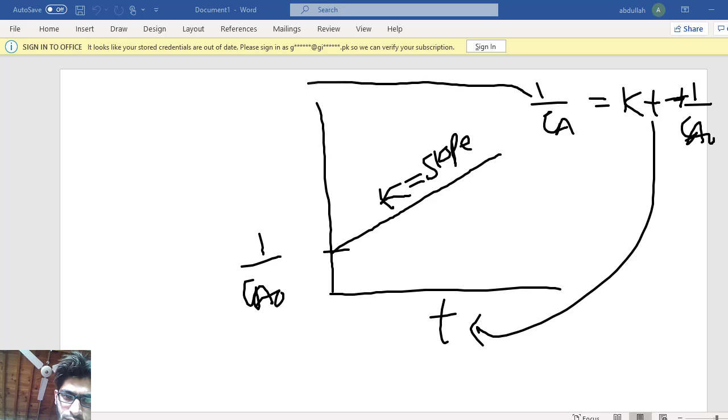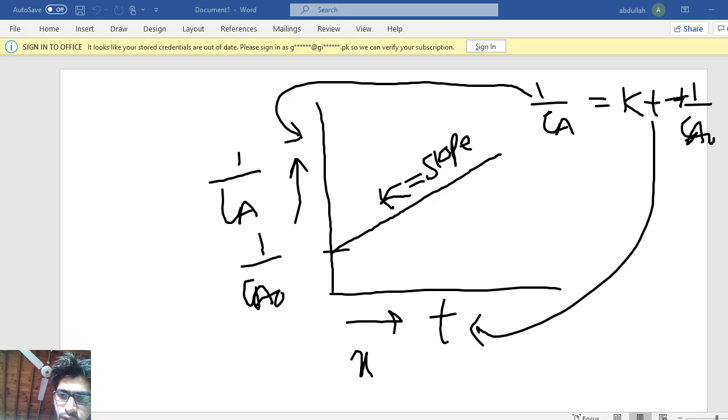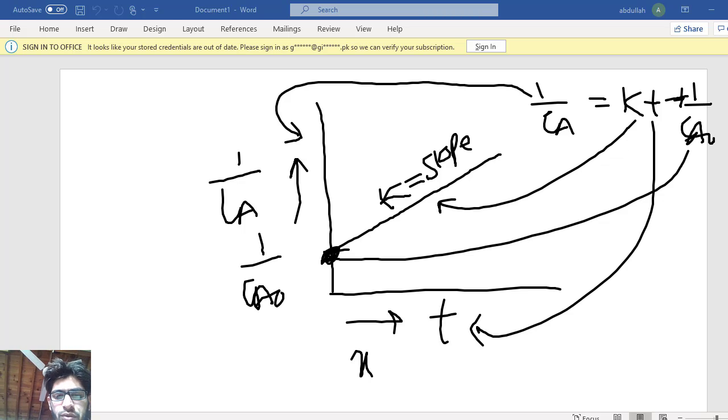We plot 1 over C_A on the y-axis, and 1 over C_A naught is the y-intercept here. And k is the positive slope of the line. So this shows the graphical relation for the second order reaction.